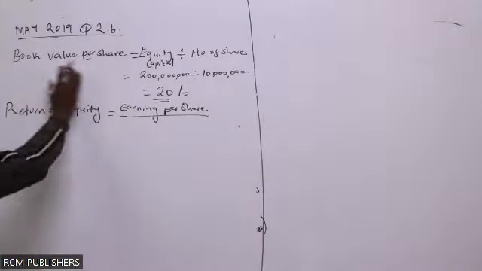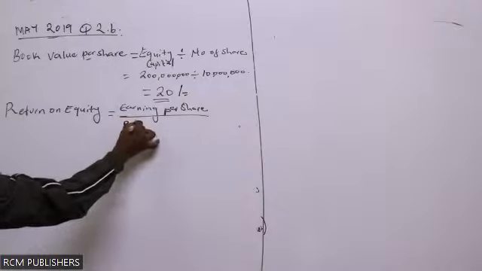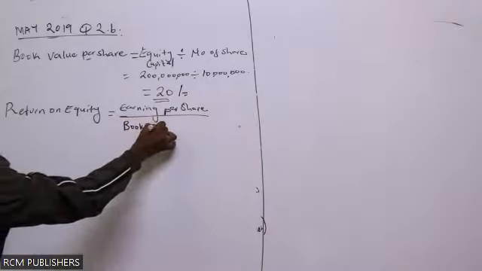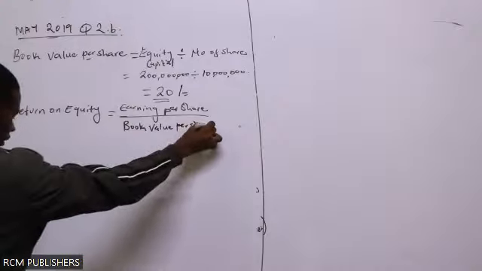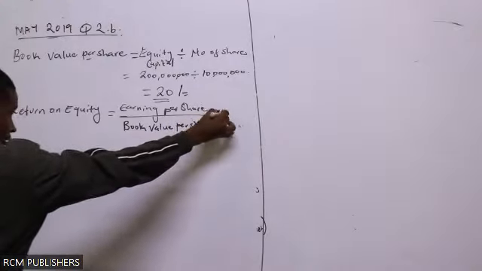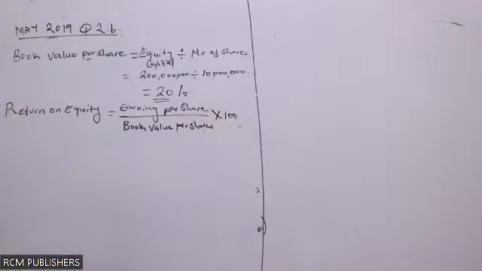Whatever we have computed, the book value per share. And then this one you must multiply by 100. This is an important formula.